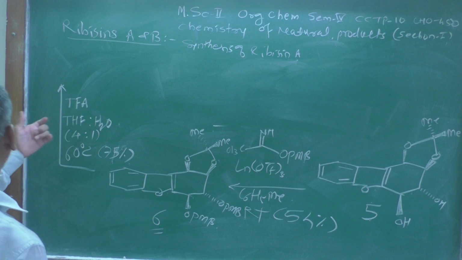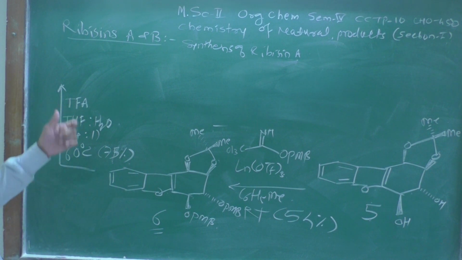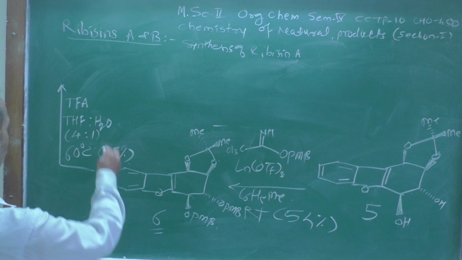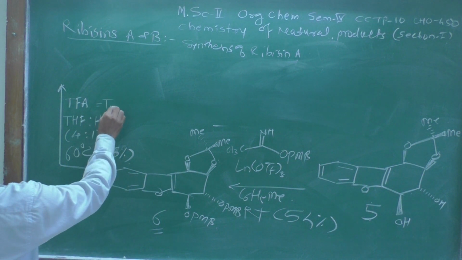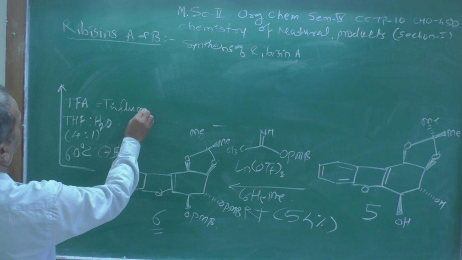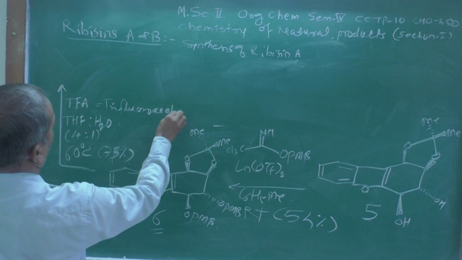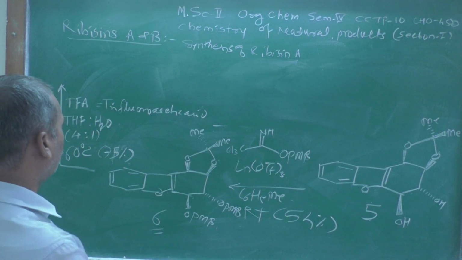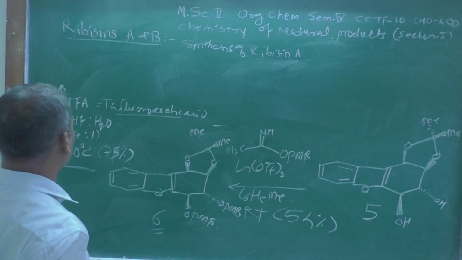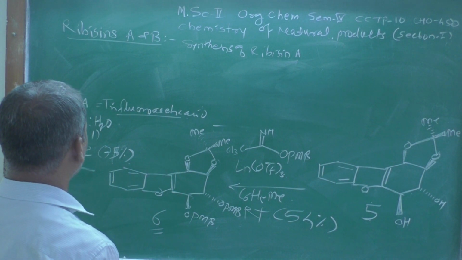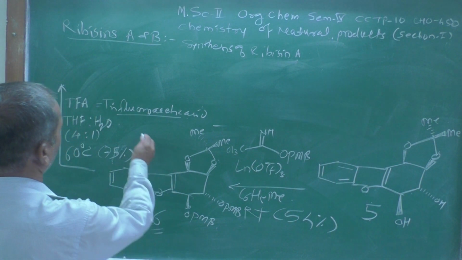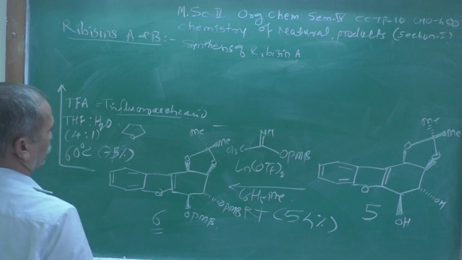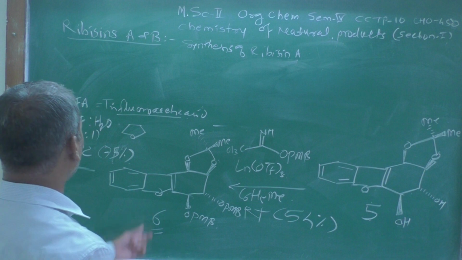See here the reagent TFA, full form of TFA is trifluoroacetic acid. This is an organofluoro compound generally which acts as an acid, and THF, as we know that tetrahydrofuran, the structure of tetrahydrofuran will be this one, as we know that this is a furan moiety over here.